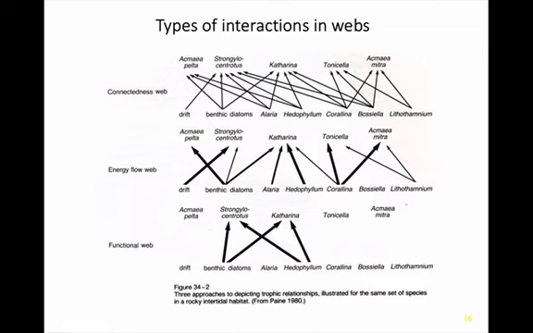next to last topic, types of interactions that we diagram in food webs. First off, we can just diagram who eats who, right? So in this very simple food web, actually it looks complicated, but it's simple because we're simply asking, does this species Catharina eat any of these others? And if it eats any of these others at the lower level, then we draw a line.